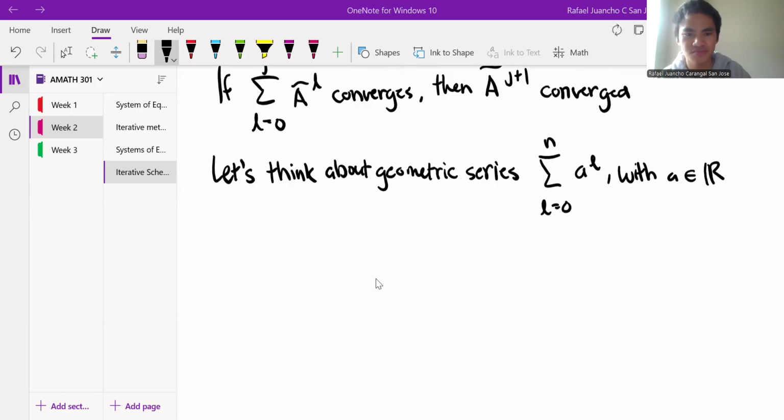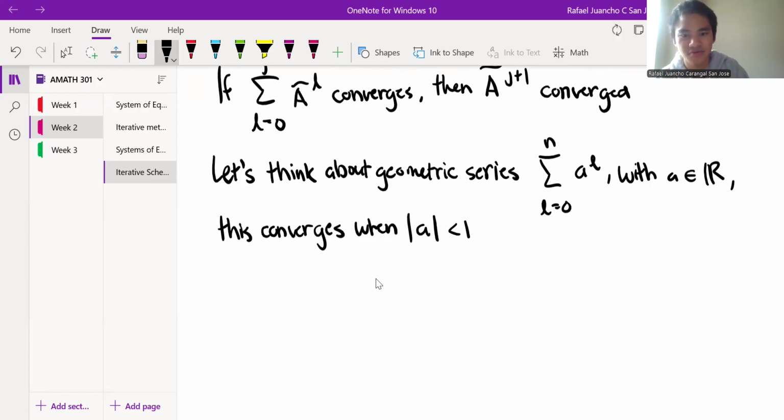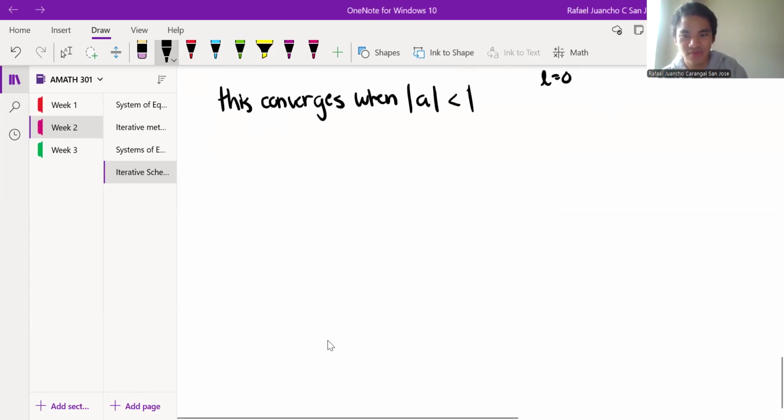Then this would converge. A geometric series converges when the absolute value of my real number is less than 1. I might do a supplementary video on this, but it doesn't matter for now. If you know geometric series, that's really good because that's what he did as an example.